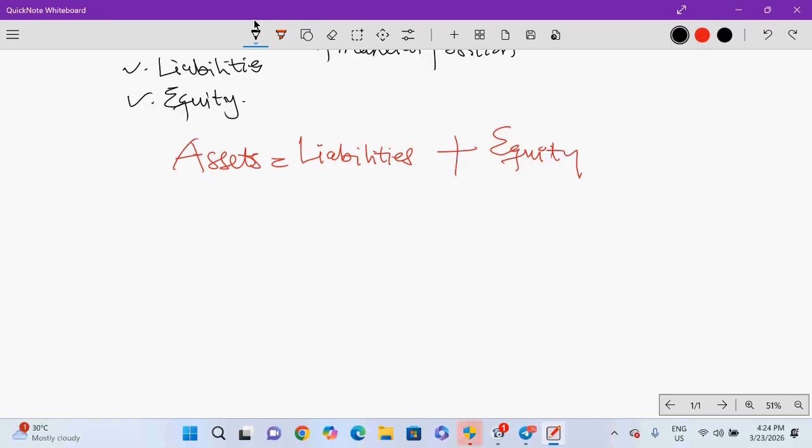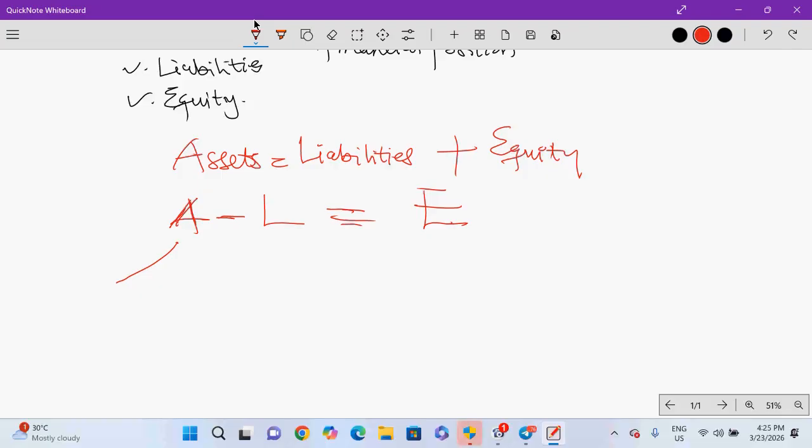Can we say from the accounting equation that our assets minus the liabilities is equal to the equity? Yes, we can say this. So this is our format for the statement of financial position.